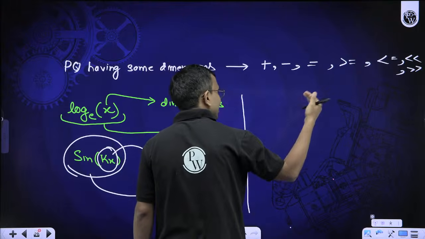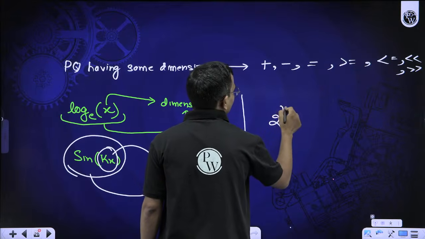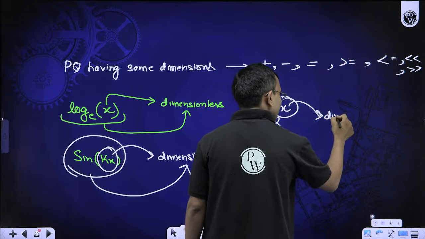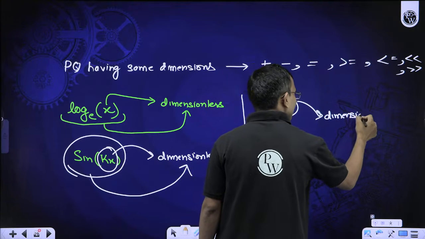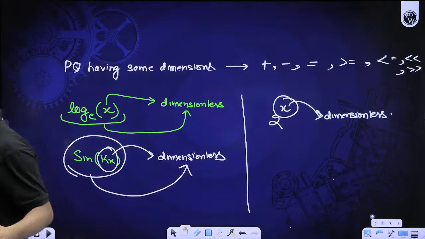Something that is in the power, let us take 2 to the power x, is also dimensionless.